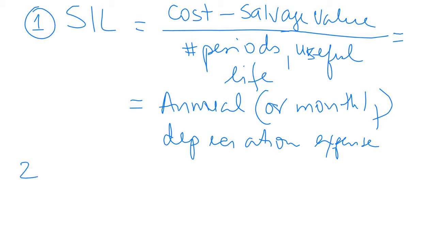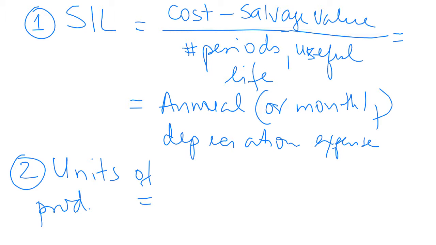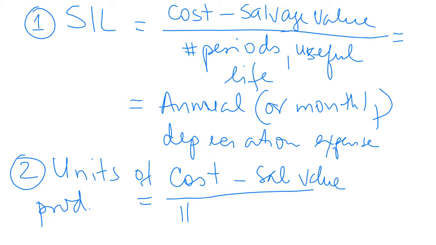So like the second method, units of production or units of activity, they might use that as well, because think of a car. It has a cost, it has salvage value, and then we divide by the number of units, which for a car could be the number of miles.